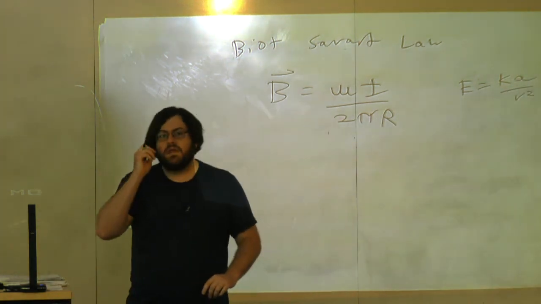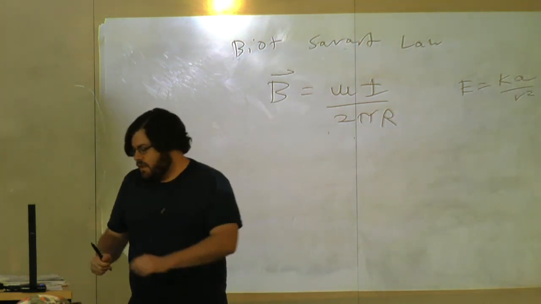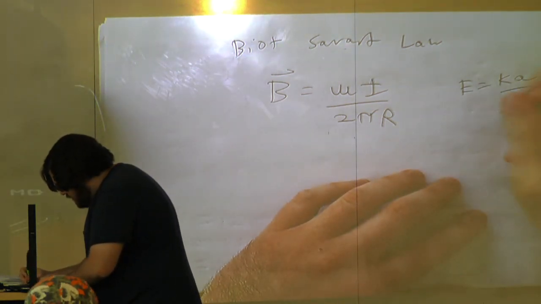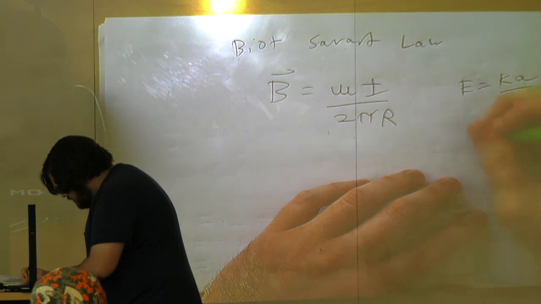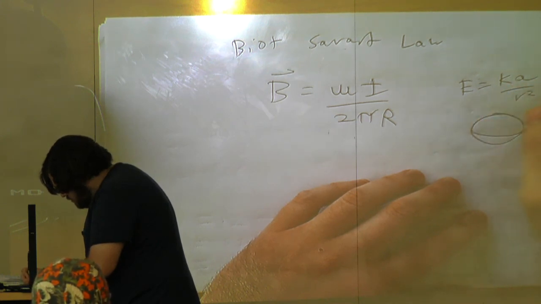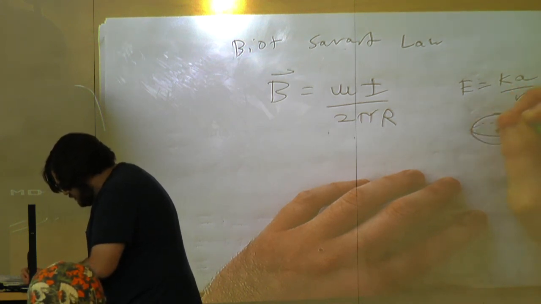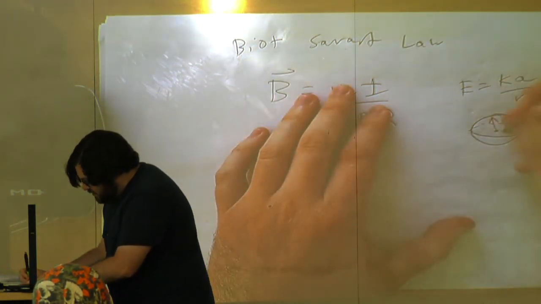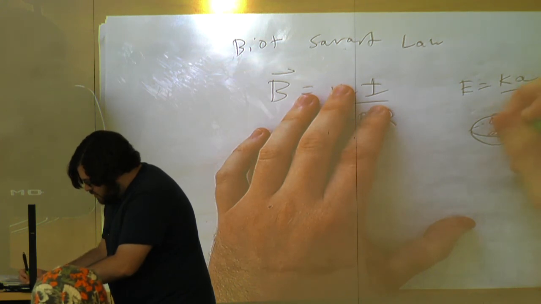The reason that this is an analog is that when we have a sphere with a charge, that charge radiates outward, or the electric field, excuse me, radiates outward like this.